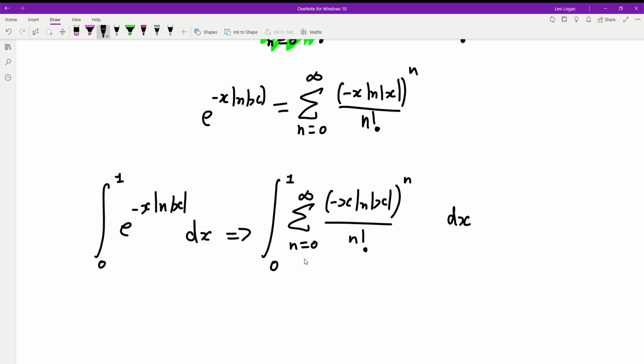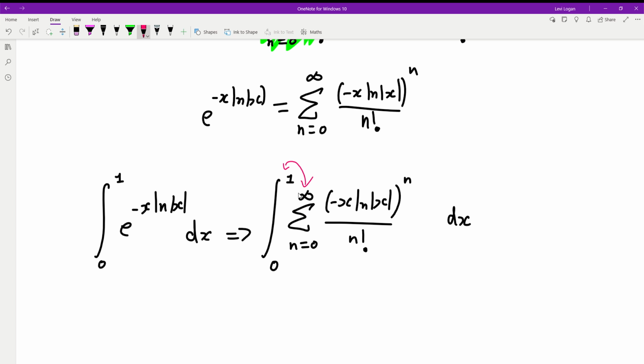Now what we can actually do here to make things a bit easier is we can interchange the sum and the integral. The reason why is because of the uniform convergence of this sum, so we're allowed to do that. If you want any more information about that, just Google uniform convergence of a sum, and hopefully some video will come up explaining why you can interchange these when you've got a uniformly convergent sum.